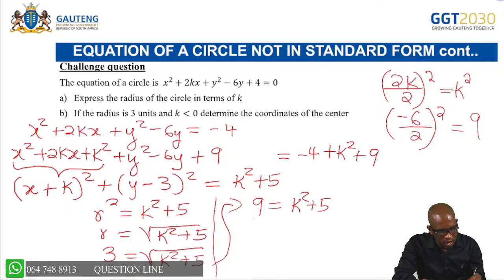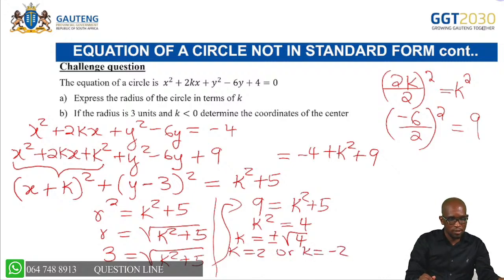If we simplify this, we get that k squared is equal to 9 minus 5, that's 4, which means that k would be plus or minus the root of 4, so k would be 2 or k would be minus 2. Now, if you check the question, they said k is less than 0.